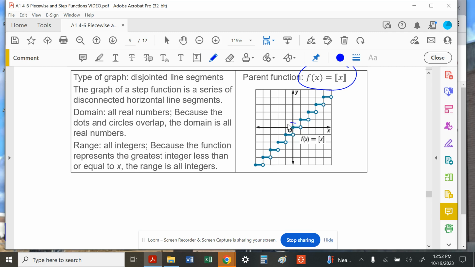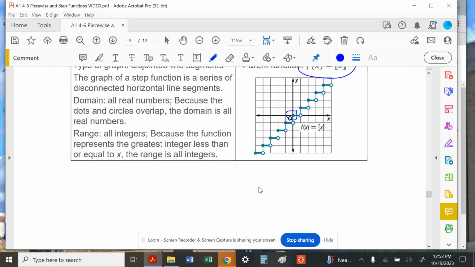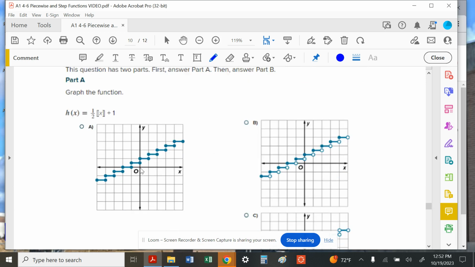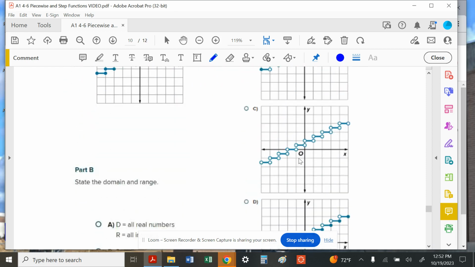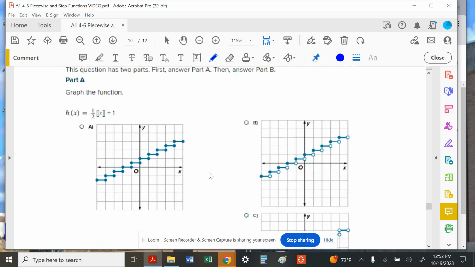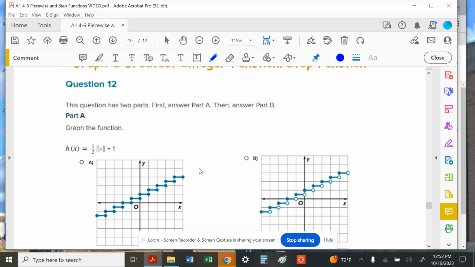We want to use this as our reference point for our parent function. Notice here, we're going to look at all the graphs that went up 1. This one went up 1 because it starts off here. This one went up 1, this one went up 1, and this one went up 1. So that plus 1 doesn't help me very much.